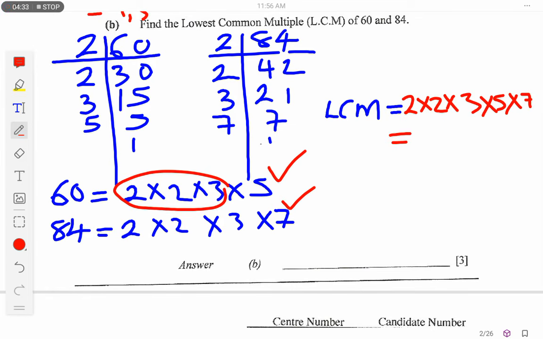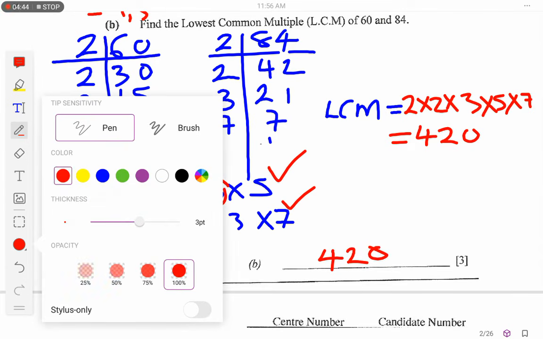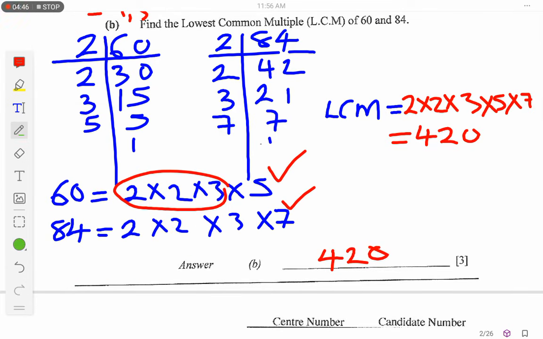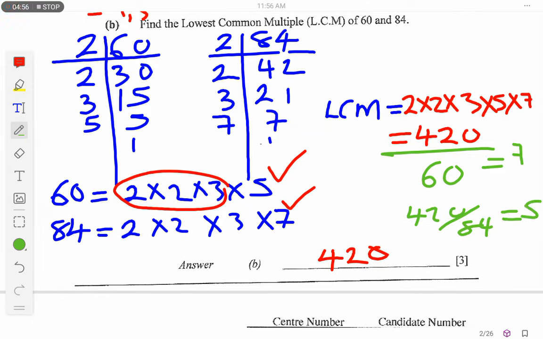So at the end of the day, if you multiply this, you get yourself 420. So our lowest common multiple for 60 and 84 is 420. You find out if you divide 420 by 60, you will get a 7. If you divide again 420 by 84, you get a 5, meaning to say all the numbers can go into that number, the lowest common multiple.